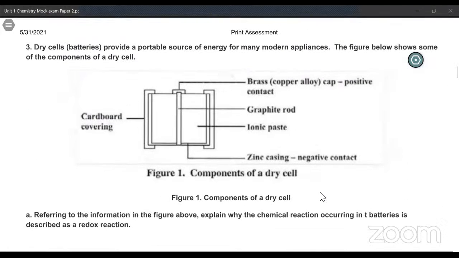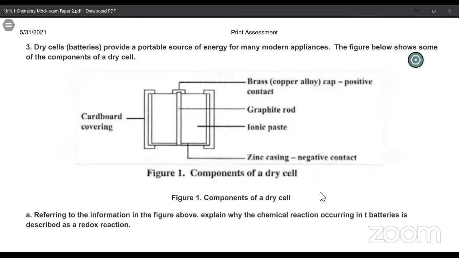This was a redox question, I believe. So dry cells, those are batteries, yes. They provide a portable source of energy for many modern appliances. So the figure below shows some of the components of a dry cell, which you have here, the cardboard covering, brass, copper alloy.